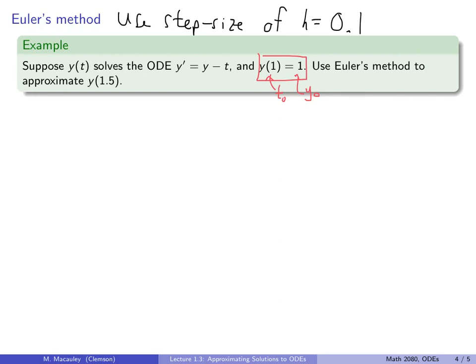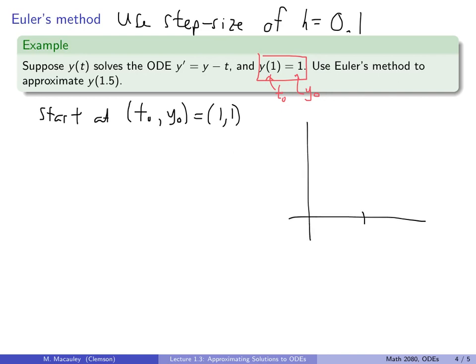We are going to start at our initial point, t naught and y naught. This is the point (1, 1). And so here's a picture of this. This is 1 and this is 1. So we're going to start here.